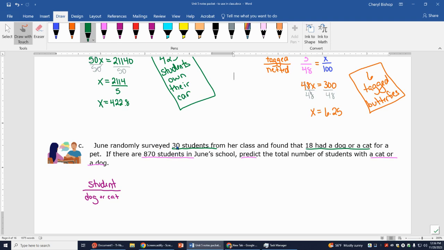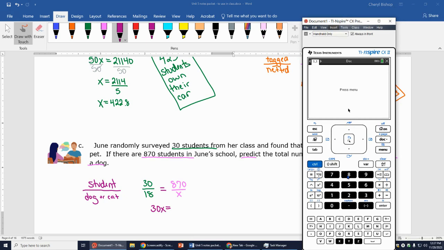All right, so when we asked 30 students, 18 of them had a dog or a cat. If I ask 870 students, I wonder how many have a dog or a cat. So we can use proportions and cross multiply to make a prediction. So 30 times x equals 870 times 18.